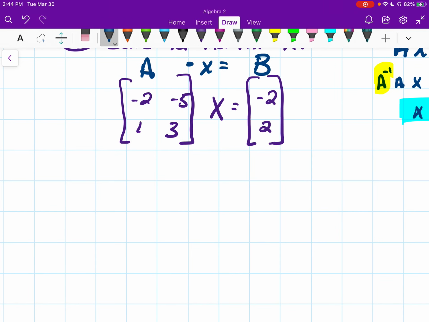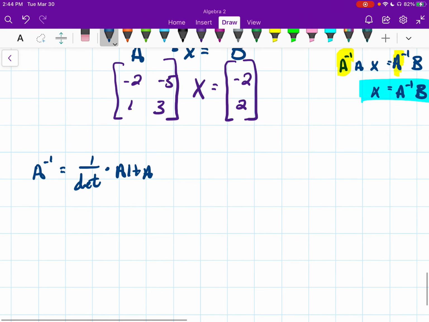So we know that A inverse is 1 over the determinant times adjugate A. Our determinant, or maybe I should say determinant A right there, is -2 times 3 minus -5 times 1.